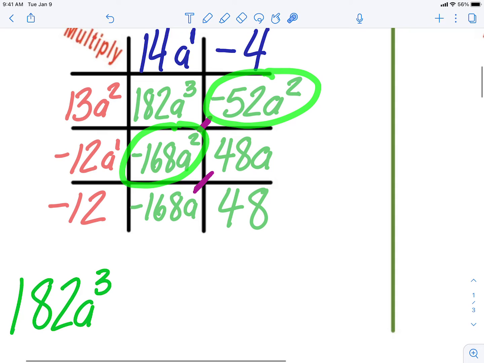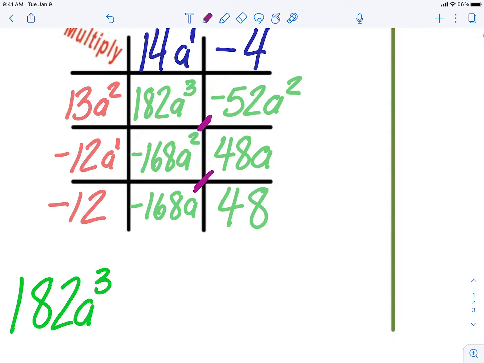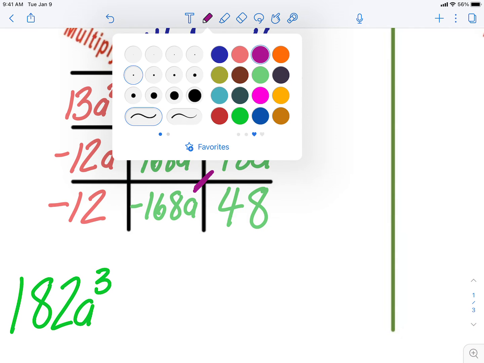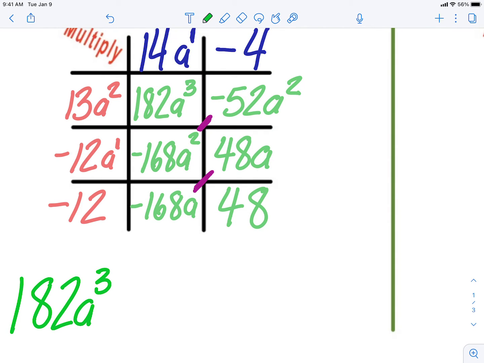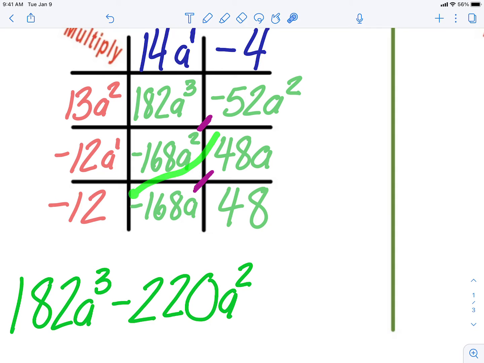So negative 168 and a negative 52, they are the same sign, so we're going to add them, and we get 220, and it's a negative 220 because 168 is bigger. A squared, right? Because we're combining, we're not multiplying. You're thinking, wait a minute, mister, shouldn't it be a squared and a squared is a to the fourth? No, we're combining.